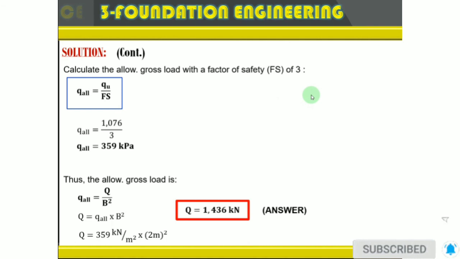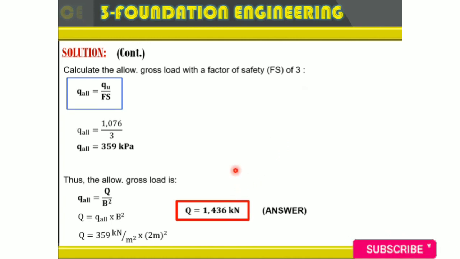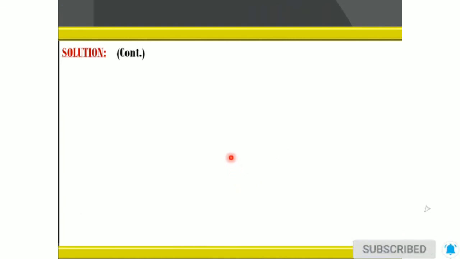But if ever you encounter in the future that the values of these bearing capacity factors are not given, you are going to use the formulas as presented. For Nq, you are going to use this, for Nc you can also use this, and for the N unit weight you can also use this formula if these bearing capacity factors are not given in the problem.